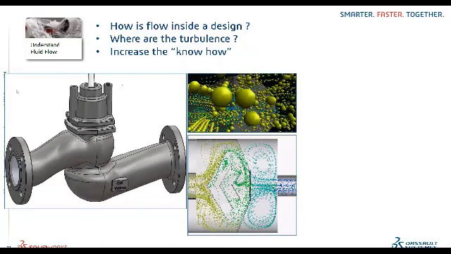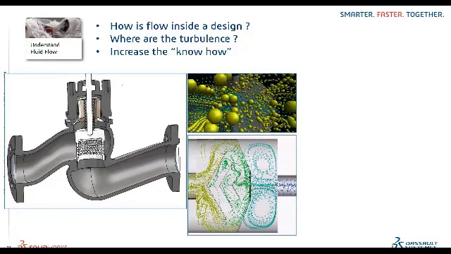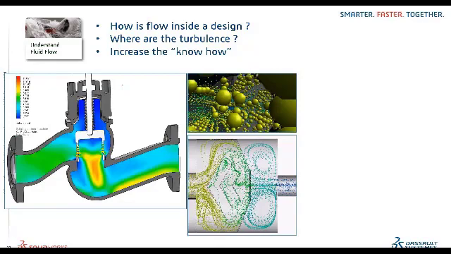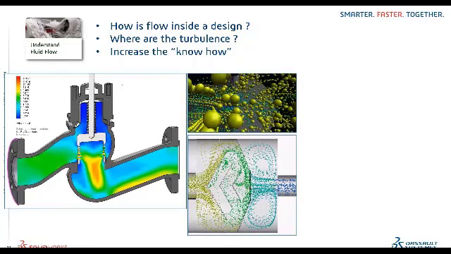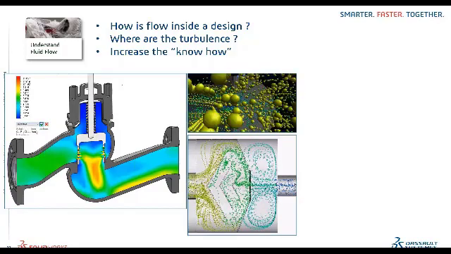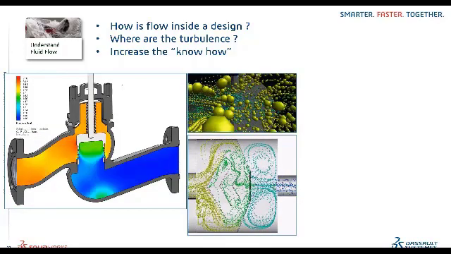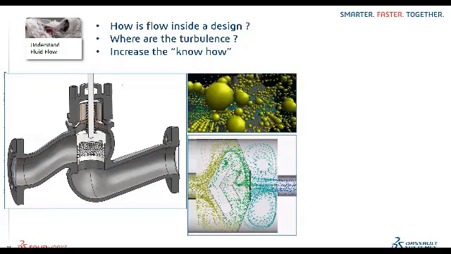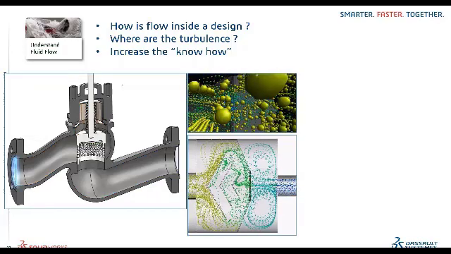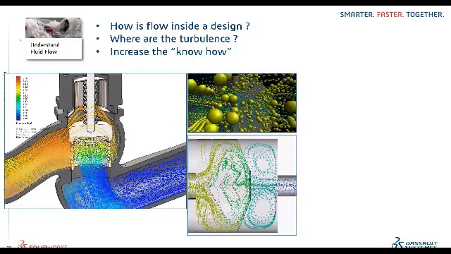So now let's focus on the flow simulation, where we will be able to understand how exactly the flow patterns are taking place inside or around the products. The moment we say it is inside the product, it will be very difficult for us to visualize. At least if it is outside, you can make use of a wind tunnel test, and you will be able to understand by making use of smoke. But take the case of a valve over here.